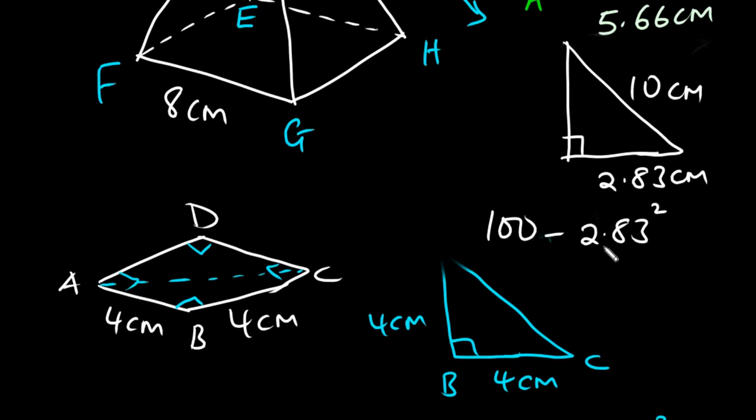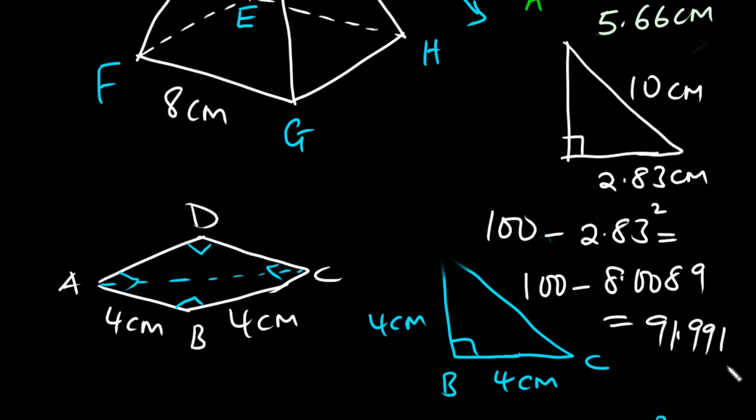So it's 100 minus 2.83 squared. 2.83 squared is 8.0089. So 100 minus 8.0089 is equal to 91.9911.